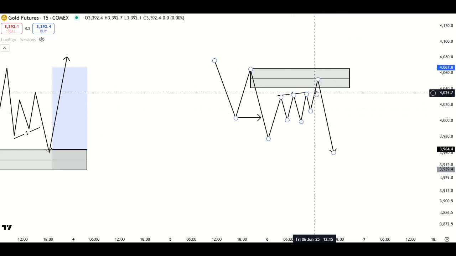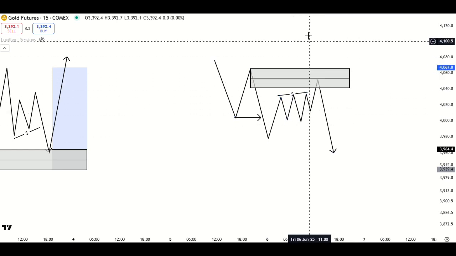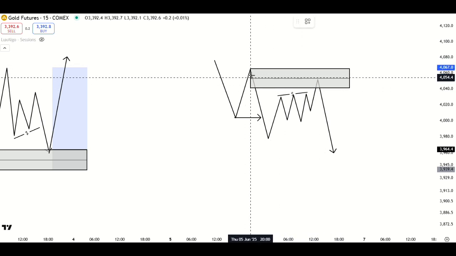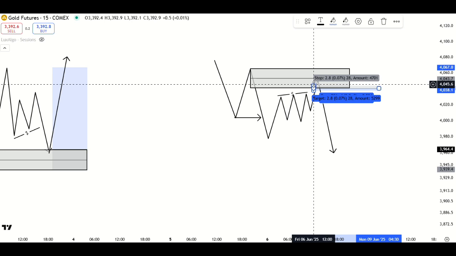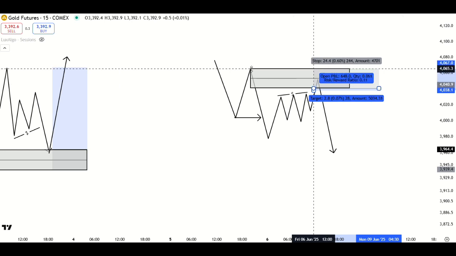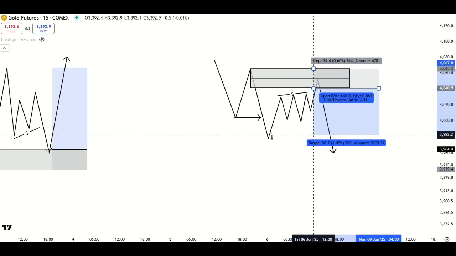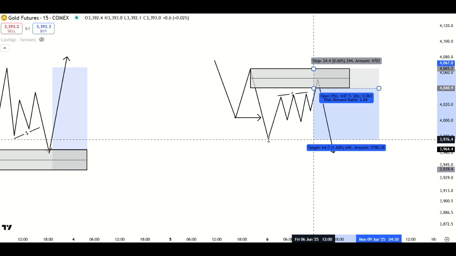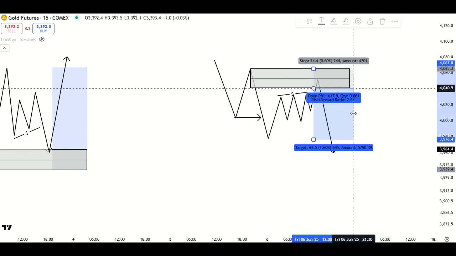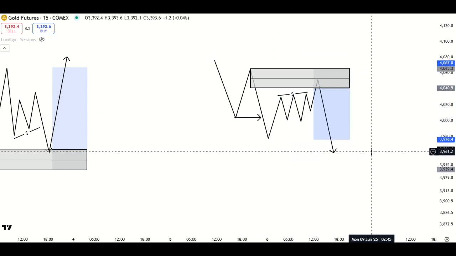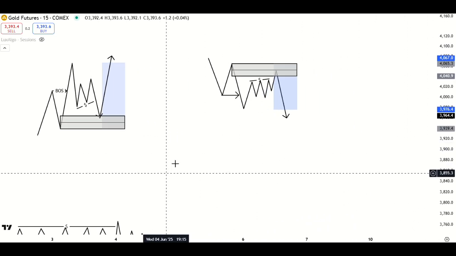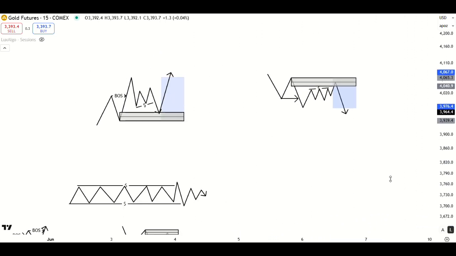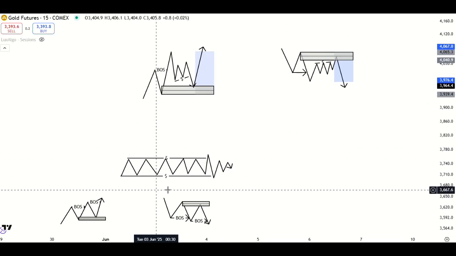We wait for the price to retrace back into our order block from this lower high, and we short it. Our stops at the lower high and our TP at the swing low. So this is basically the market structure and how you can use it to your advantage.